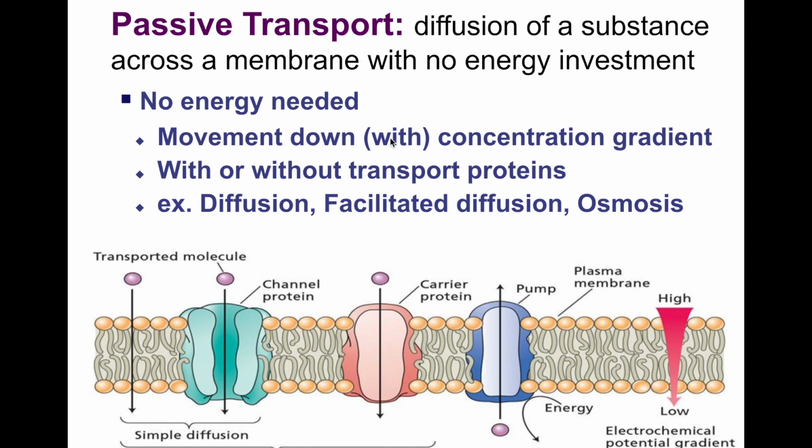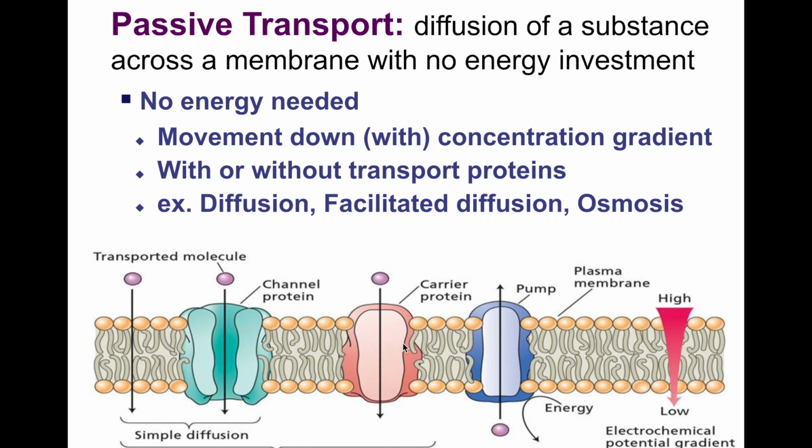All right, so passive transport is just allowing diffusion from high concentration to low concentration, going down or with a concentration gradient. You don't need energy. You may need a transport protein, though, because there is a limited amount of material that can cross the membrane. You may need a protein that allows for diffusion. So sometimes you have something known as a channel protein that allows things to move across. And you may also use what's known as a carrier protein.